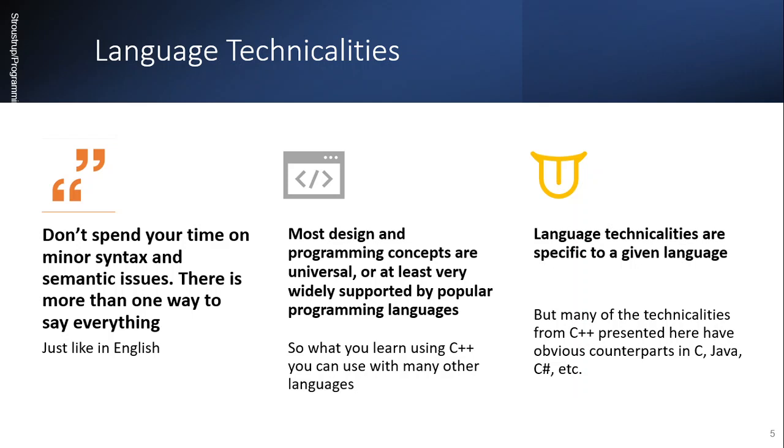Similarly, language technicalities or syntax are also common among certain languages, for example Java, C, C Sharp, and C++. They all have a lot of common features or common ways of doing things.